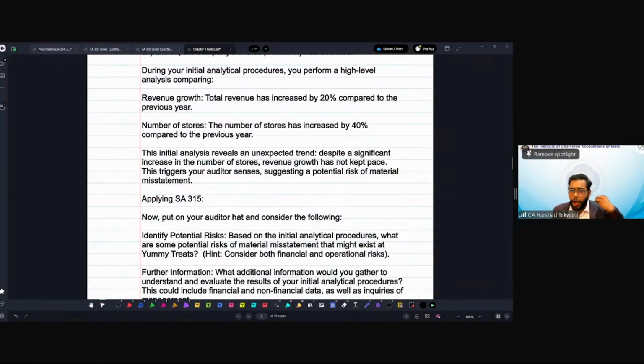Revenue is increasing, stores are increasing, but profitability is declining. Yes, Hemant, very good. There may be an inflation factor causing a high jump in the selling prices of the goods, and that's why there is an increase in the revenue amount.